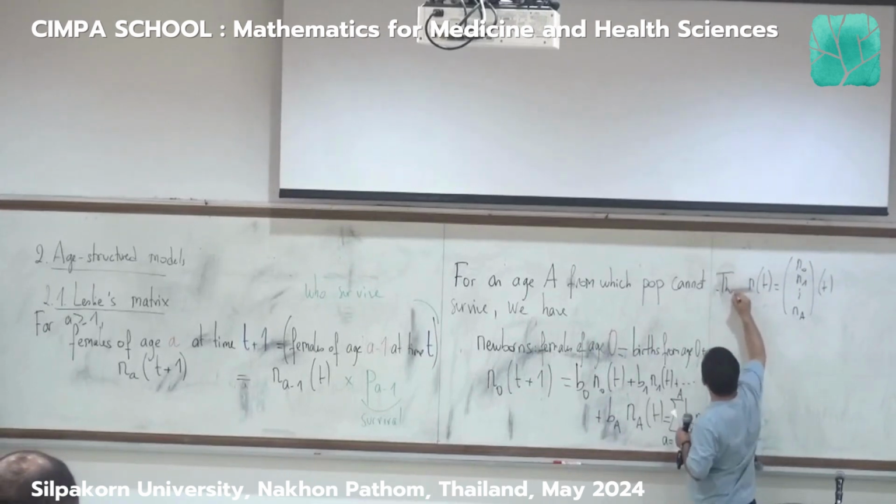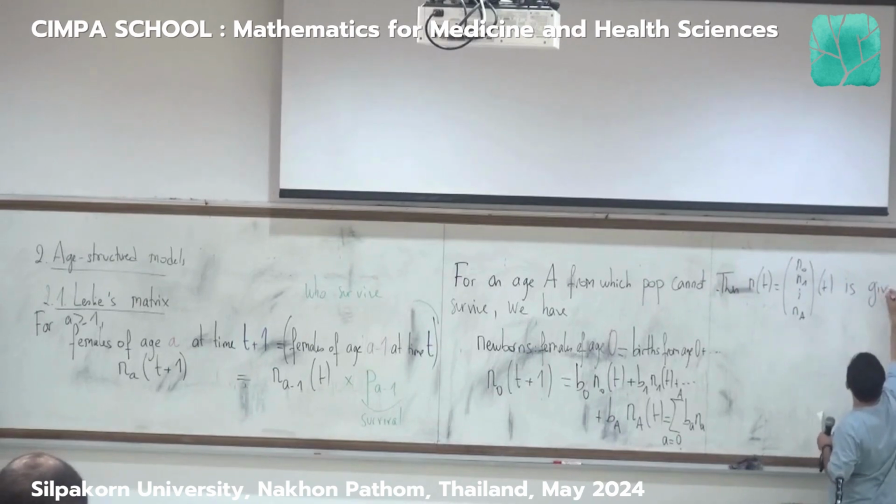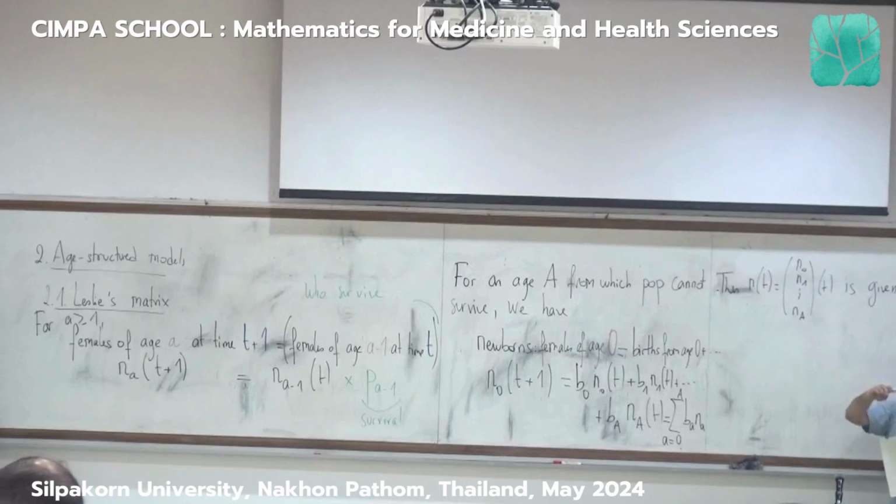Then I will compute the population at every age, given by this equation: the population at t plus 1 is the matrix F multiplied by n of t.